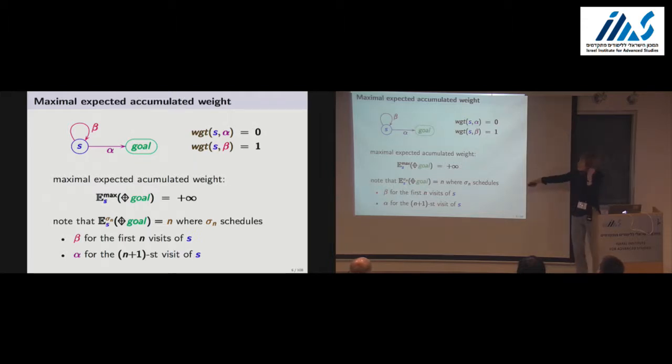Well, then by taking beta n times, we earn the weight n altogether. And for the alpha, we get 0, so altogether under sigma n, the expectation is n. Now if n tends to infinity, then this means that this maximal expectation does not exist, or it is infinite.